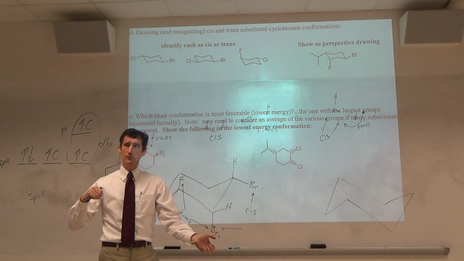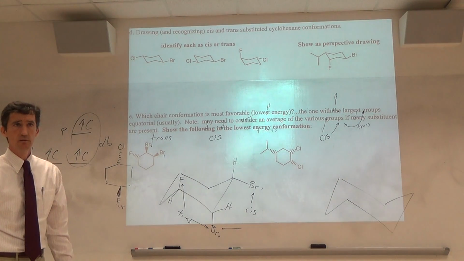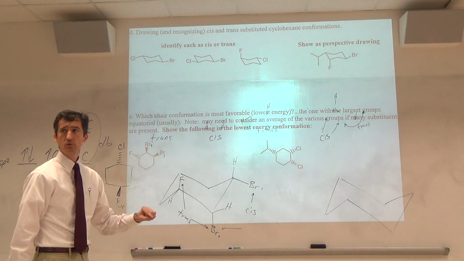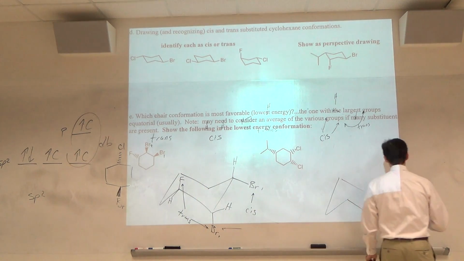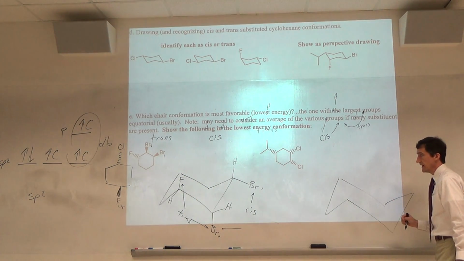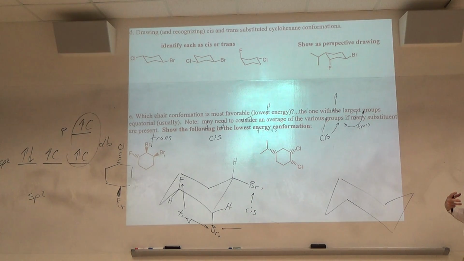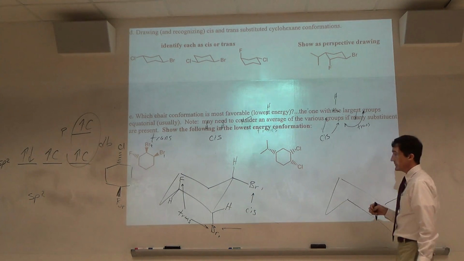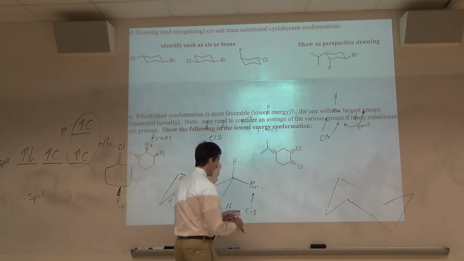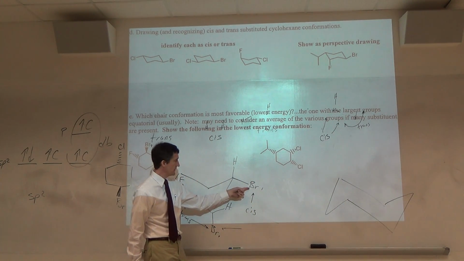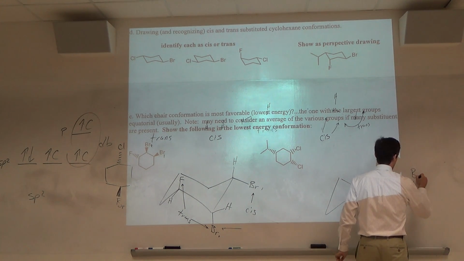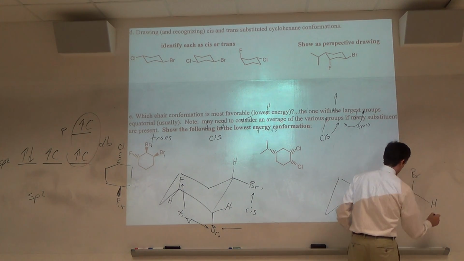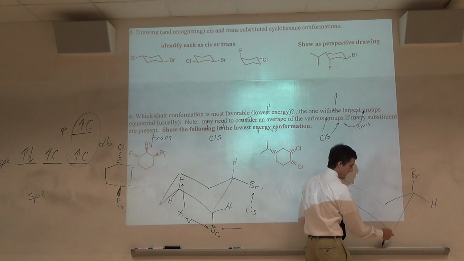But when we do a ring flip, what do we know? What happens to all axials? They go equatorial, and all equatorials go axial. So now, when I do a ring flip, I'm going to do it this way. I'm going to now put this BR axial. I'm just going to do it like that. So if that's axial, how is this one going to be?